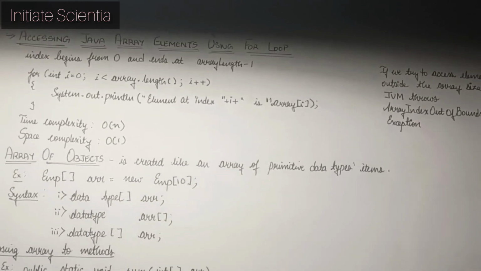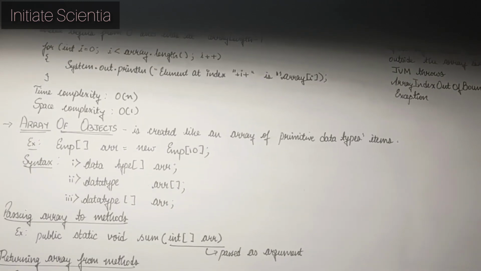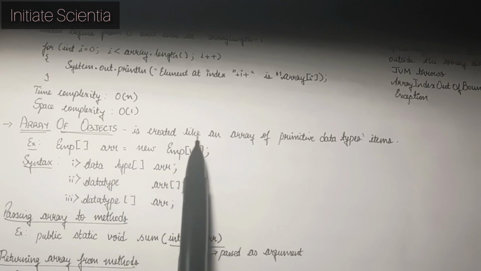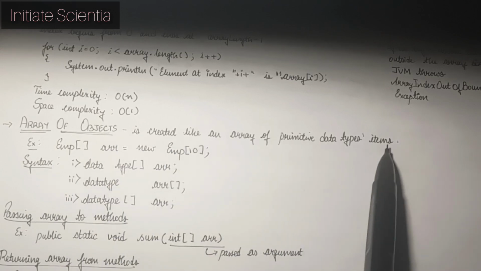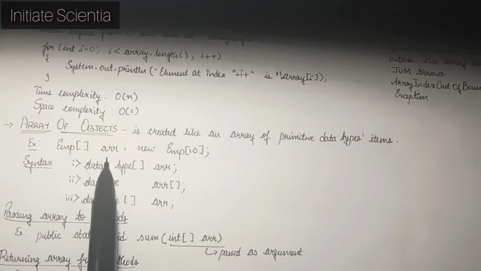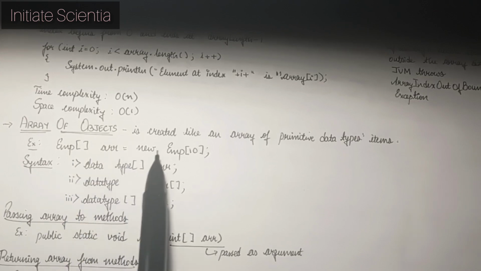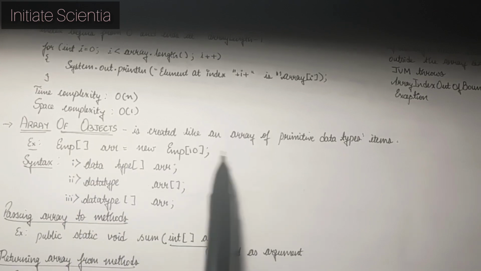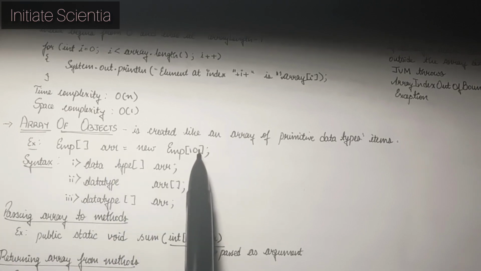Next, let's move on to array of objects. An array of objects is created like an array of primitive data type items. Example, Employee arr, that is a variable name, is new Employee with brackets and 10.